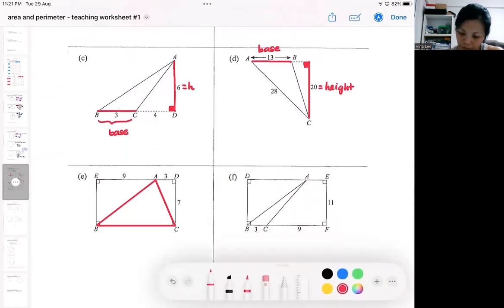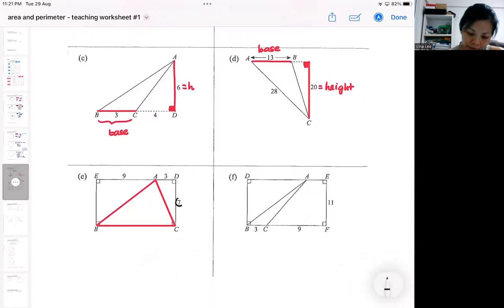If you look carefully, this part is a 7, so that means here will be a 7. So the 7 will be the height, and this part will be the base. The base will be 9 plus 3, equal to 12.